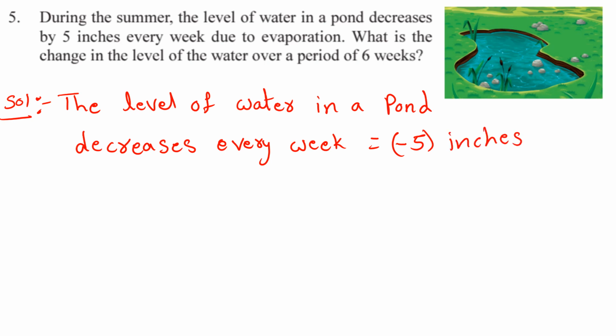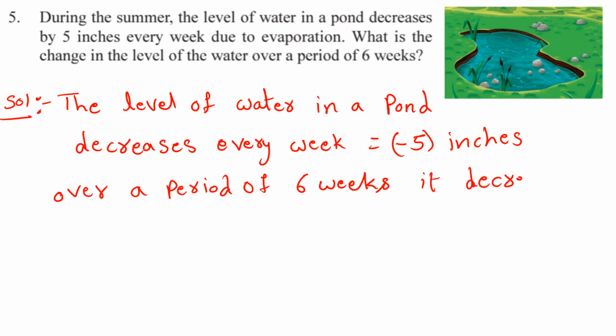Now over a period of 6 weeks, it decreases, that equals minus 5 into 6, that equals minus 30 inches. Minus 30 inches. Write it down there.